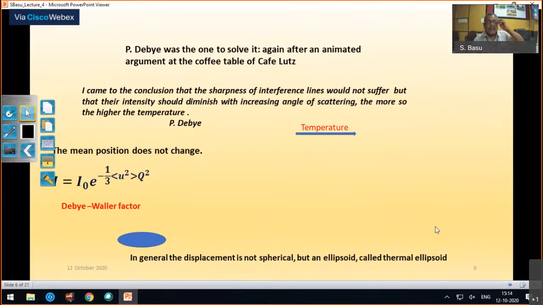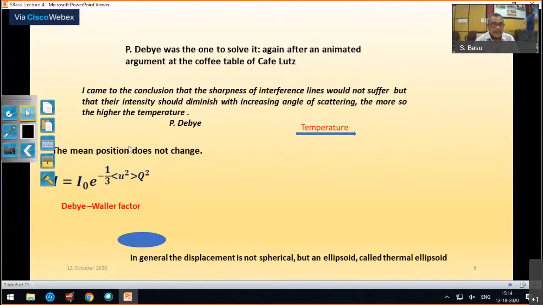I'm telling you the story about X-ray diffraction because neutron diffraction follows very closely. So, for example, the temperature will remain the same. What Peter Debye says is: I came to the conclusion that the sharpness of the interference lines would not suffer, but the intensity should diminish with increasing angle of scattering, the more so the higher the temperature.